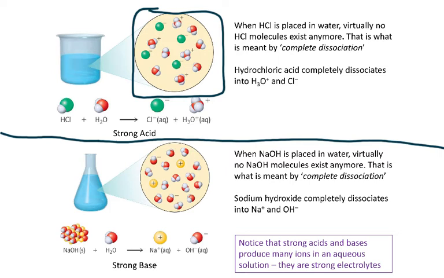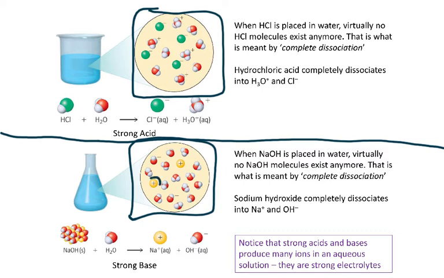While we're here, we'll look at a strong base, such as NaOH, sodium hydroxide, right? Which has a Na plus ion and an OH minus polyatomic ion, and that will completely dissociate. And we see here no longer any NaOH next to each other. They've all completely split up.